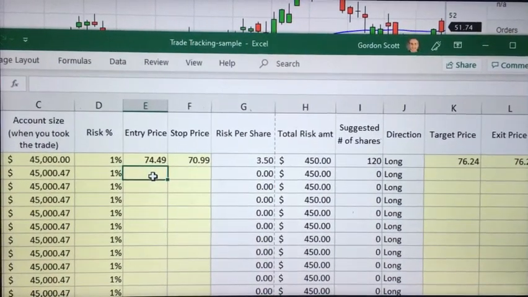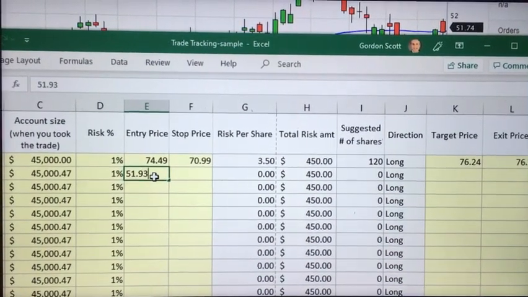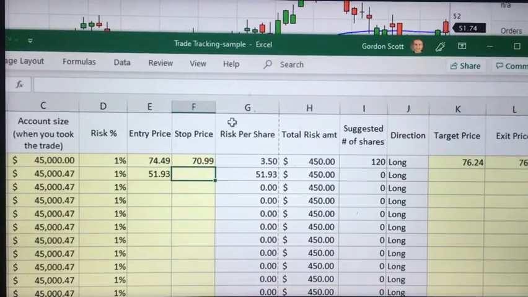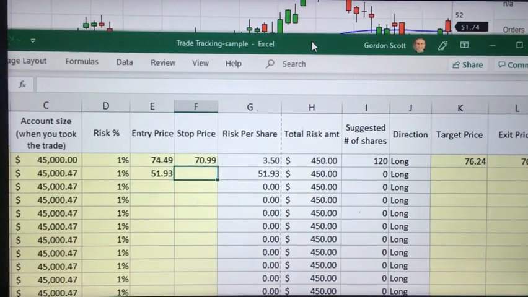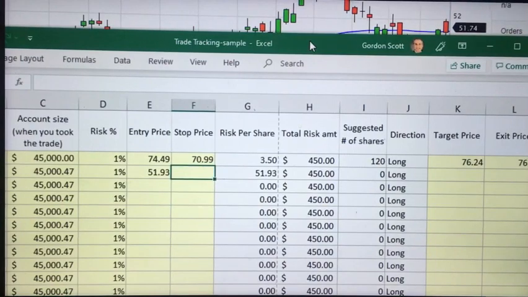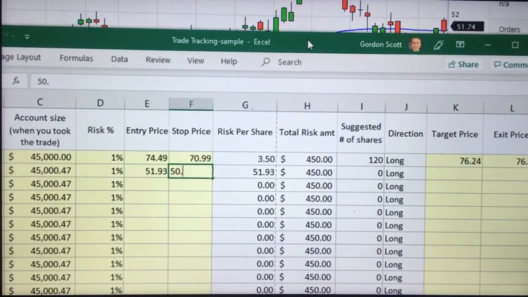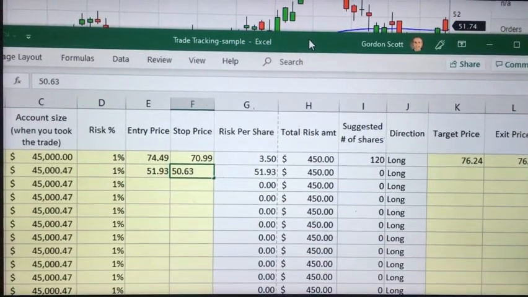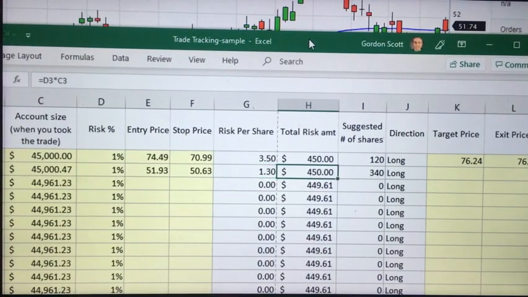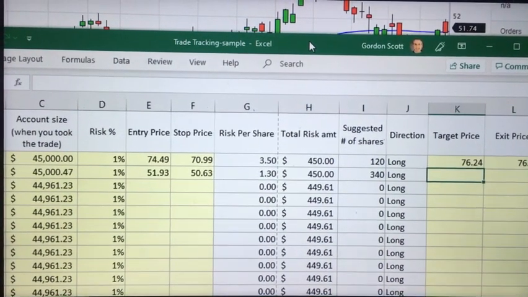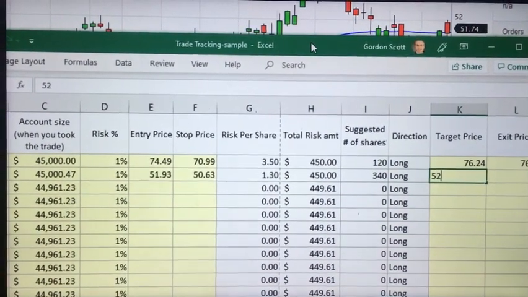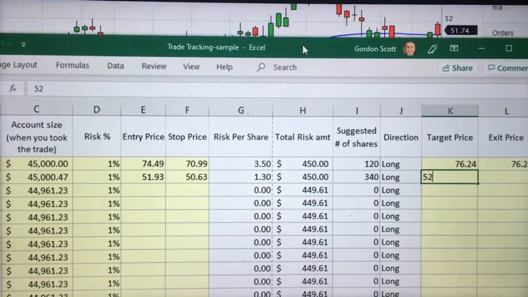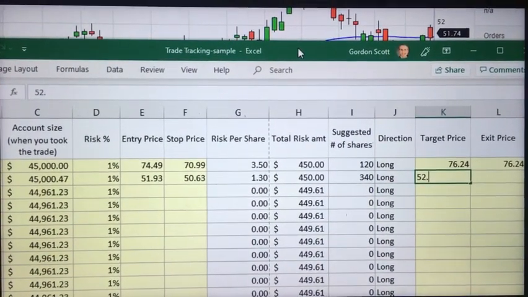So I type in 51.93. The stop loss is $1.30 lower, so that's going to be $50.63. And my target price is 52.58.